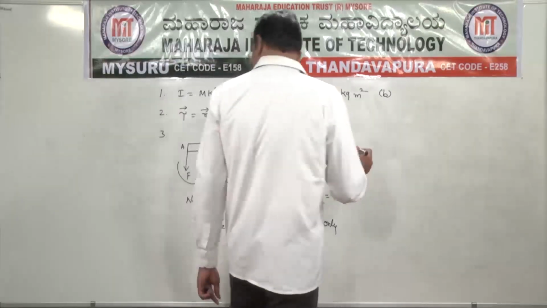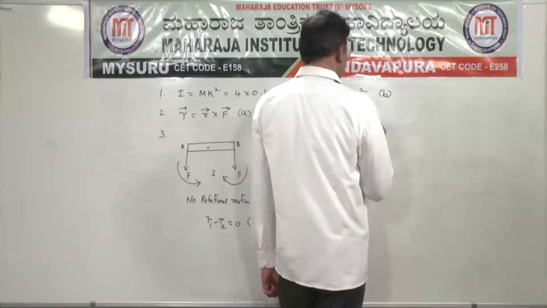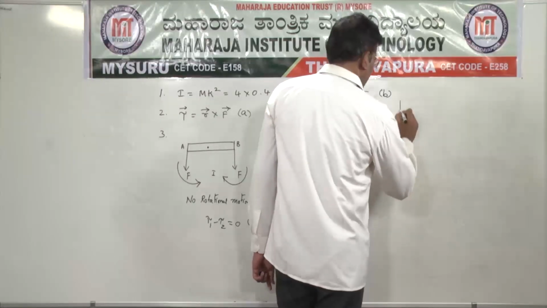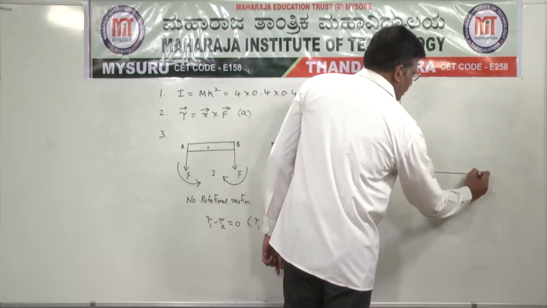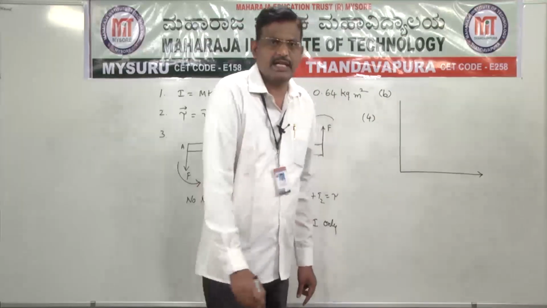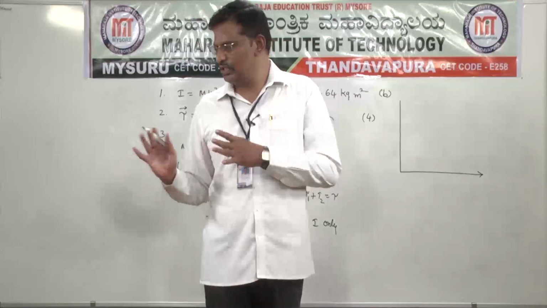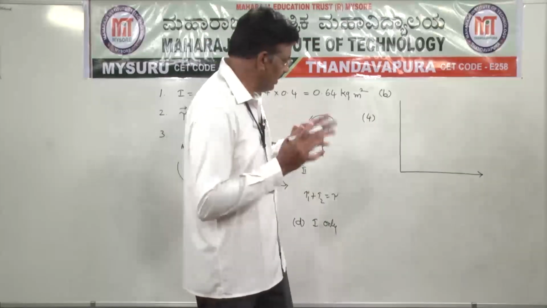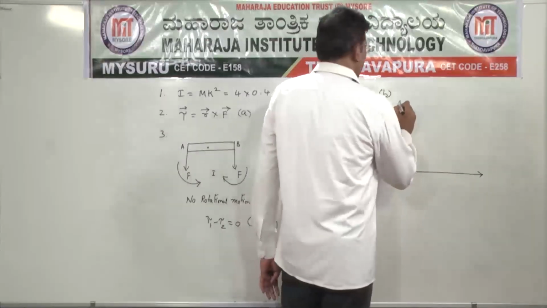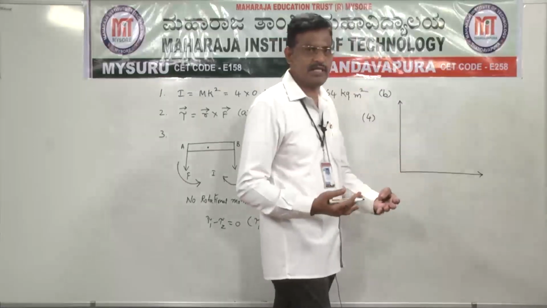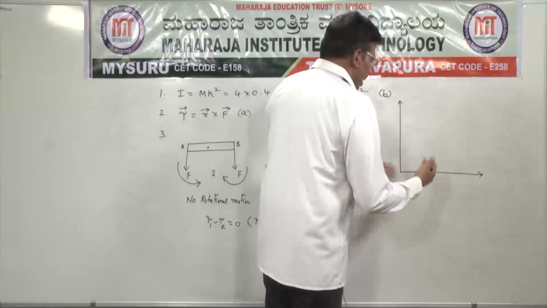See, in the fourth question, first of all, whenever a chance is there, better you draw a diagram for the situation. If we are able to draw a diagram, the question is turned into a representation.